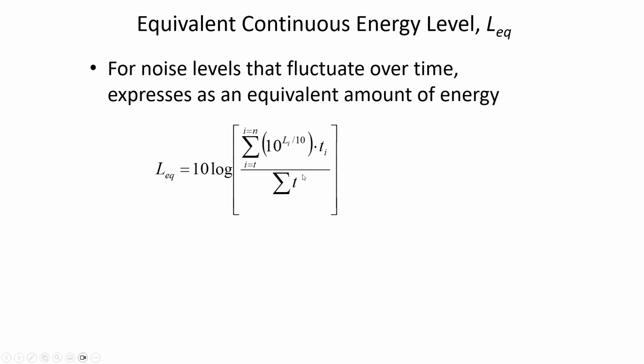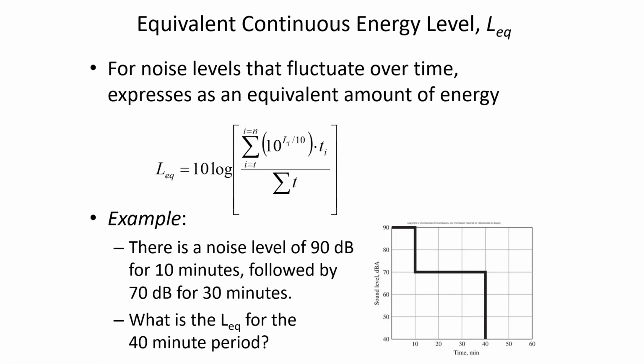And so just to get a feel for how all of this works, let's say that we had 10 minutes of 90 decibels followed by 30 minutes of 70 decibels. What would be the equivalent continuous energy level over the 40-minute time period?